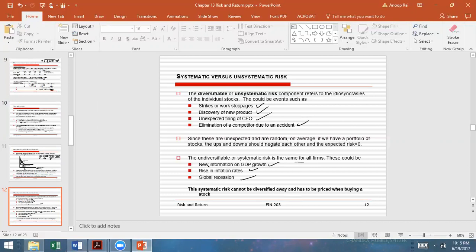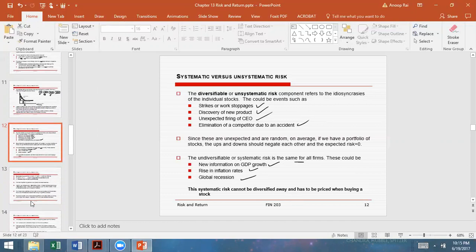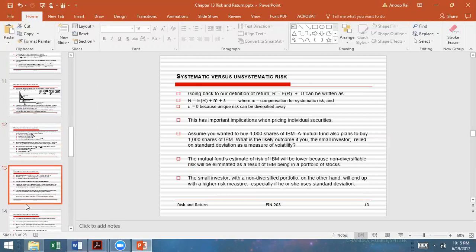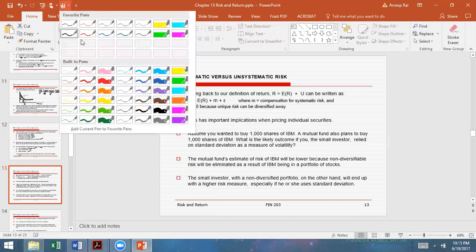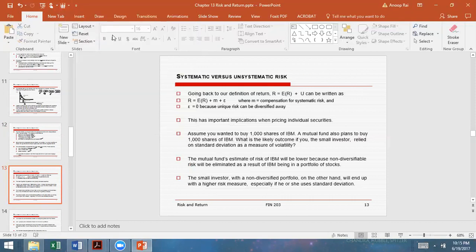This has important implications because what we want to show you now is this: that you have to be aware when you buy a stock that you should be pricing only one kind of risk, okay? And let me explain that more as a David and Goliath story.